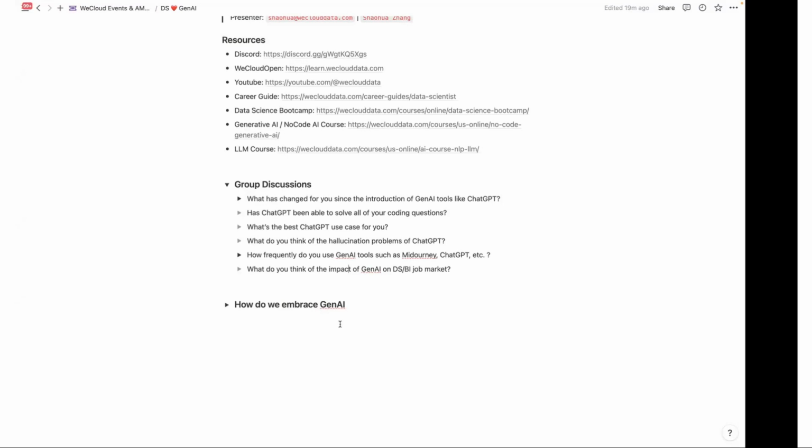A lot of them would love to use ChatGPT combined with other tools like Zapier or Power Automate. Let's say if they would like to read a lot of papers on a weekly basis, they would like to use ChatGPT to do summarization, but they want to automate this process so it can be summarized and saved in a Google Drive or in a Google Sheet somewhere.